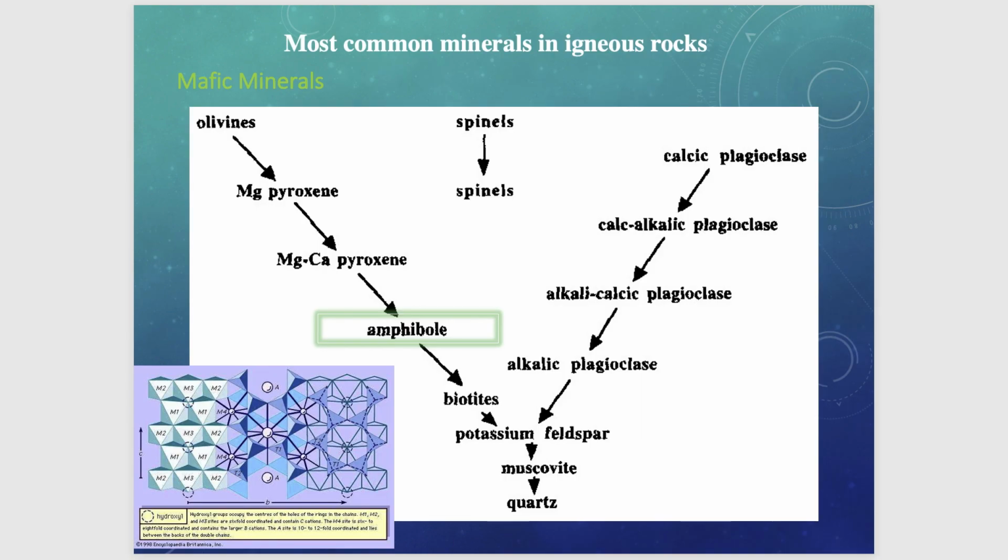If we move to the amphibole, usually amphibole has the characteristic of incorporating water. So you can see here an example of the ribbon-like structure of the amphibole. You see a set of tetrahedrons that essentially represent the first layer of the structure of an amphibole, and inside we have different sites where we can accommodate cations.